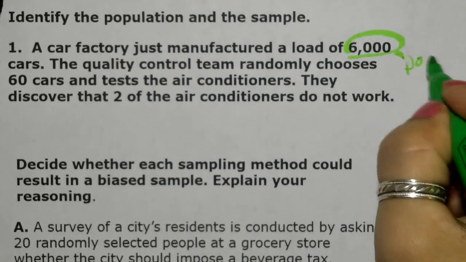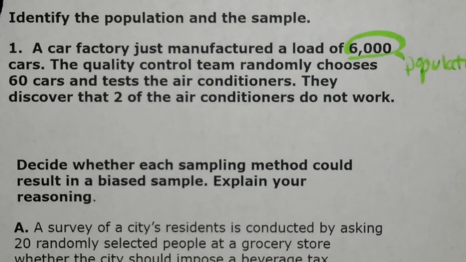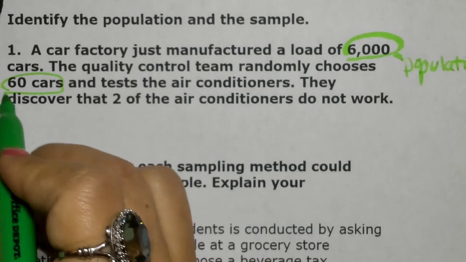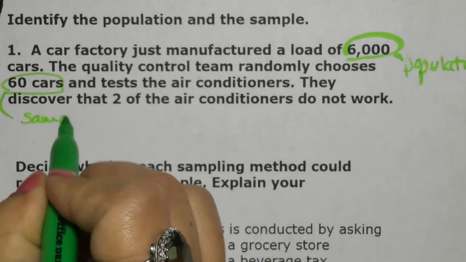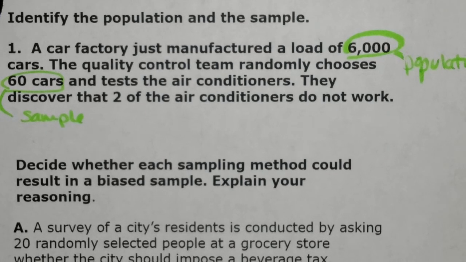That is the population. If that's the population, what is our sample? Our sample is going to be the 60 cars. So population is the total, and samples are a part of the total.